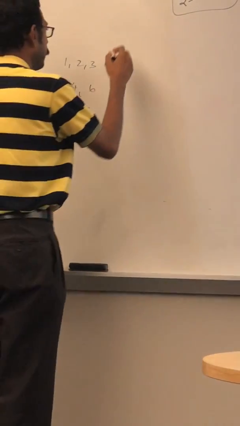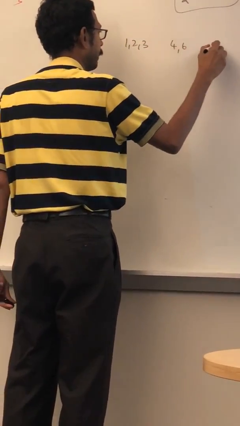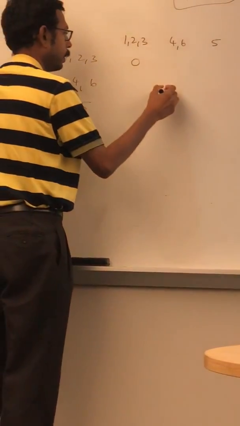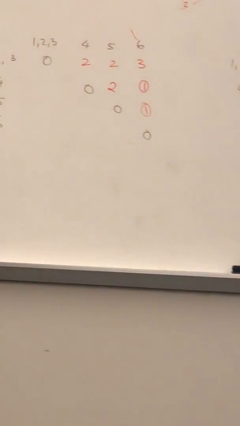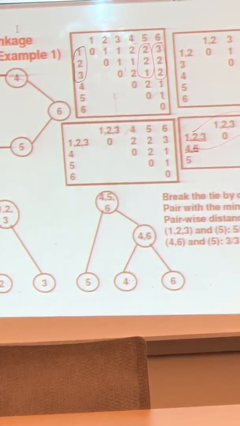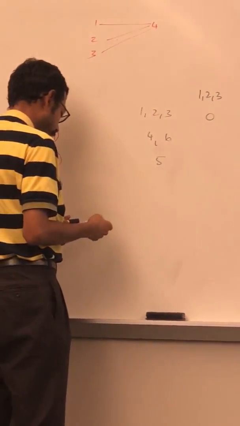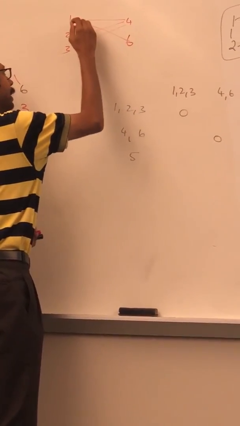So now you have 1, 2, 3, 4, 6, and 5. You have 0, 0, 0 as the diagonal. Now we need to look at 1, 2, 3 with 4, 6. Again, pairwise distances. What is the maximum distance between all these pairs?